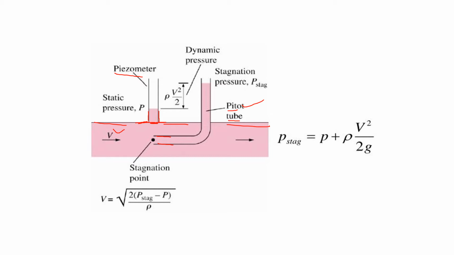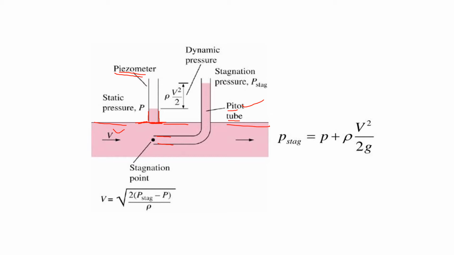What the static state definition states is that there should be no relative motion between the measuring instrument and the fluid particle. Here at the surface, there is no relative motion between the fluid particle and the instrument. That's why this piezometer is positioned in such a way that its opening and the surface of the duct coincide, so that we get 0 velocity.